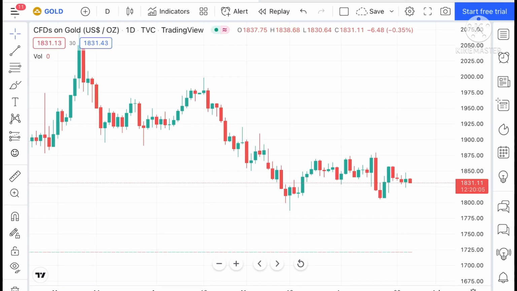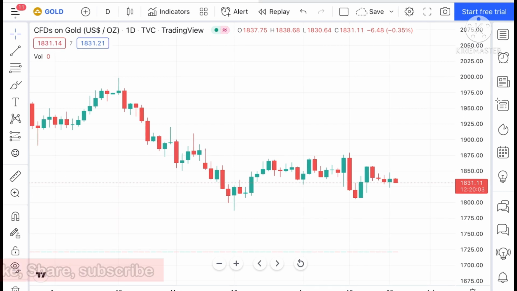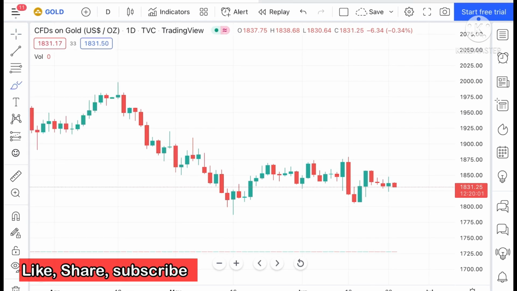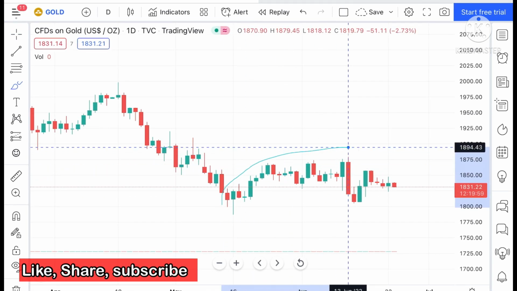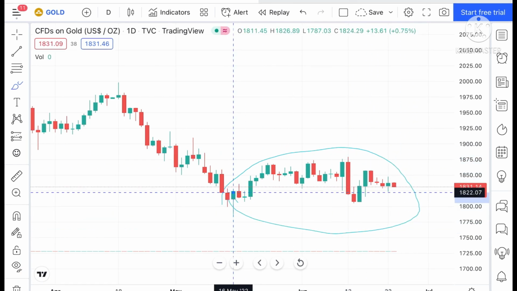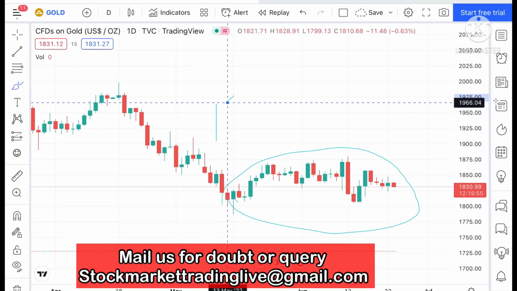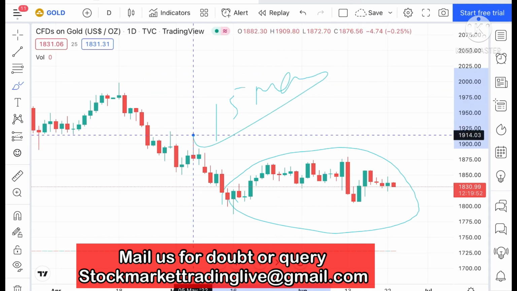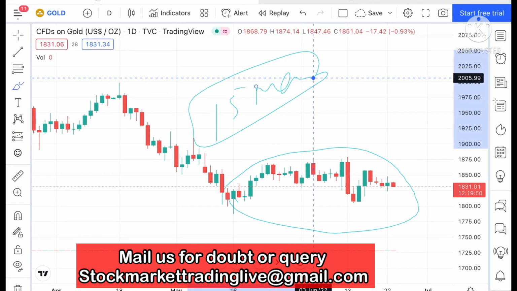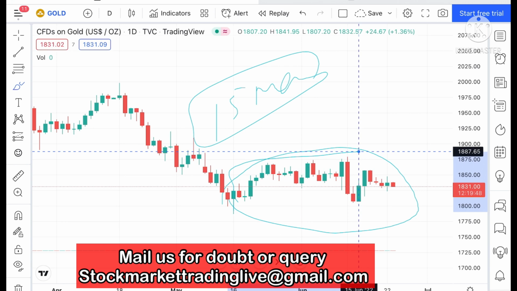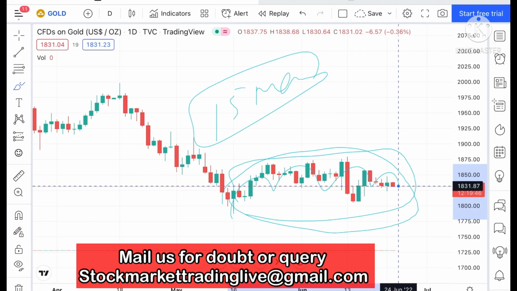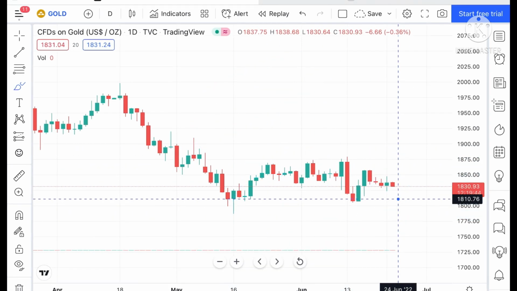Gold, what we have seen is that between the first and second week, we have seen this particular range for quite some time, mostly from 15th of May, the starting of the third week. This range has been maintained for so long and now we are currently trading in this zone itself.